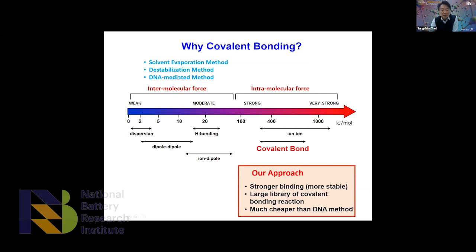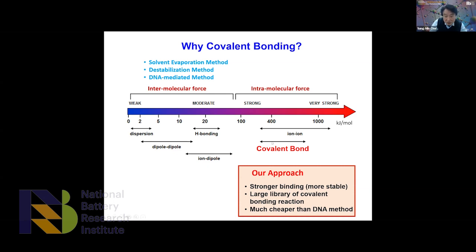For example, DNA binding is maintained only in saline water at a certain temperature. If the temperature goes to 60 or 70, denaturation happens, the binding is destroyed, meaning the superlattice is destroyed.